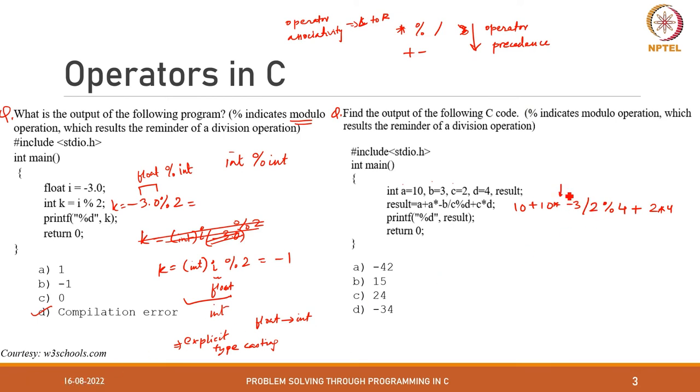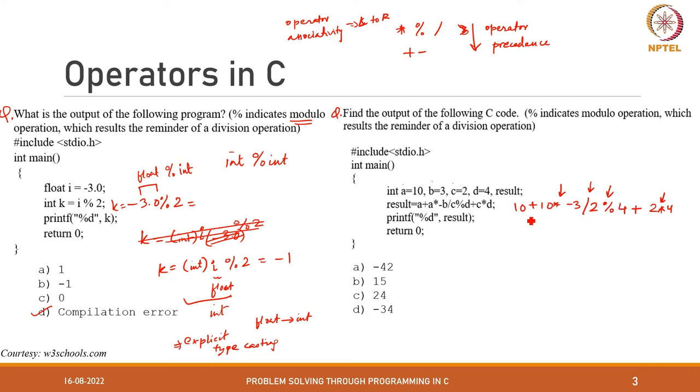We have a multiplication operator here, a division operator here, and a modulo operator here. So these three will have a higher precedence, and we have a multiplication operation here. So this will have higher precedence over the other addition and subtraction operations.